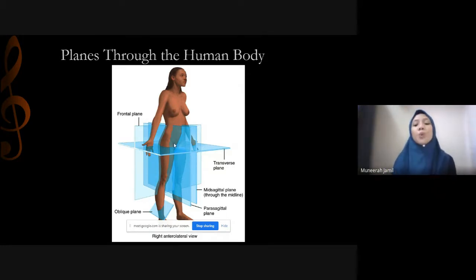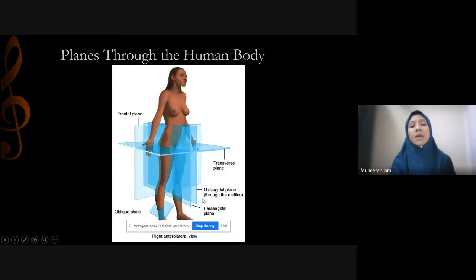Okay, and then we have what we call the mid sagittal plane. Mid sagittal plane dia akan falls dekat midline kita. So bila dia falls dekat midline kita, dia akan membahagikan badan kita kepada right and left. Okay, and then we have what we call the oblique plane. Oblique plane ni dia membahagikan badan kita untuk melihat dari sudut angle. Then we have the parasagittal plane.